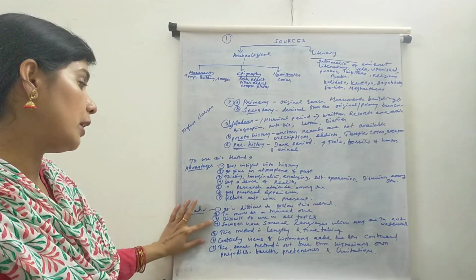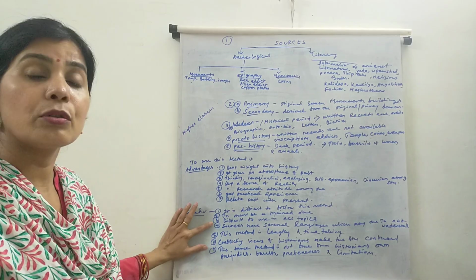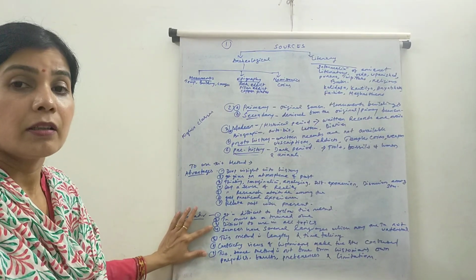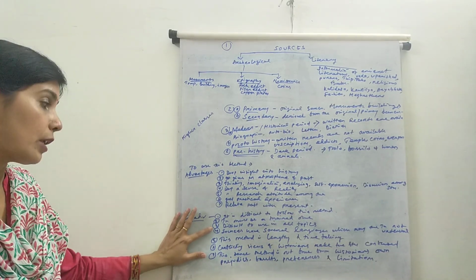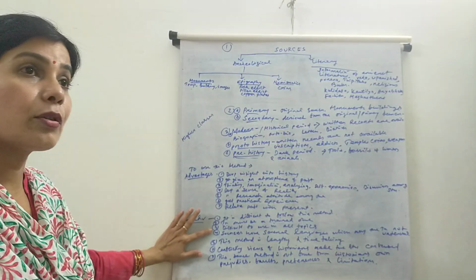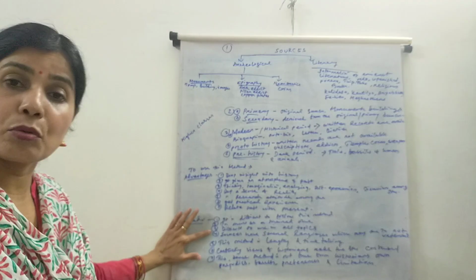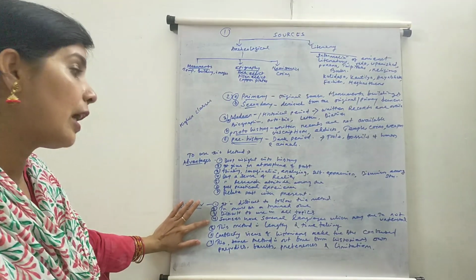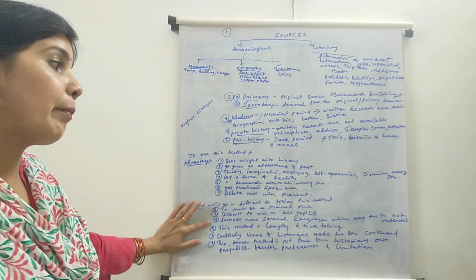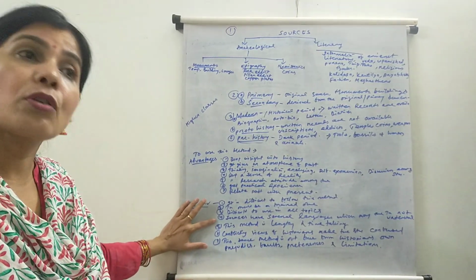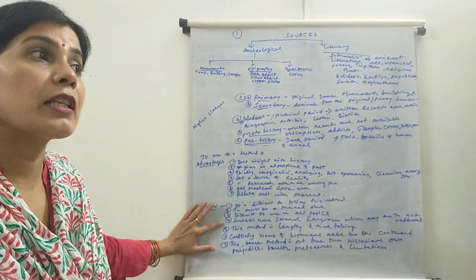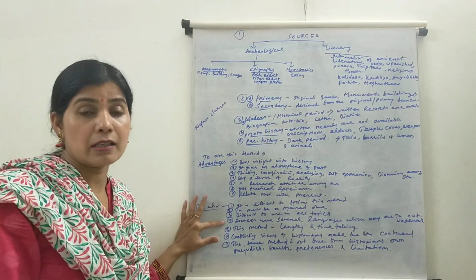Third, it is difficult to use in all topics of history, because we can't introduce all the topics through the source method. The next is that sources have several languages which the teacher may not be able to understand, because the language of the present and the past is different.